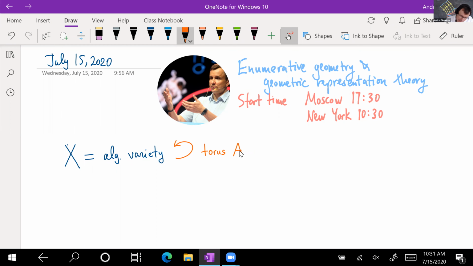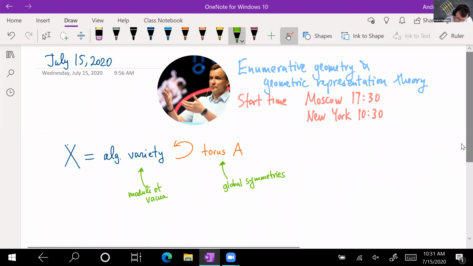The way we were thinking about it, this algebraic variety was supposed to be some moduli of vacua, and these were global symmetries which we could use to introduce an external field. But if you remember this motivation, that's fine. If you don't remember it, it's also fine.